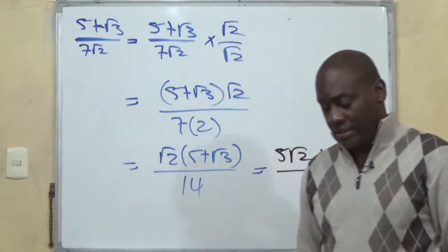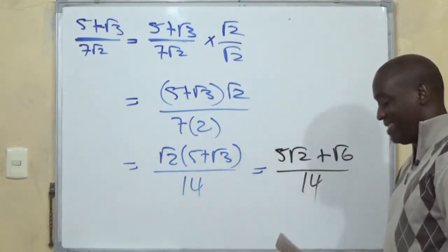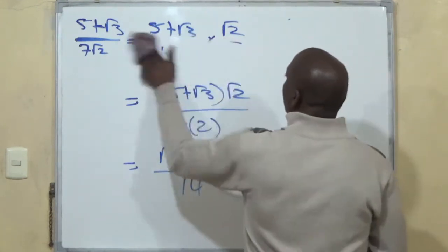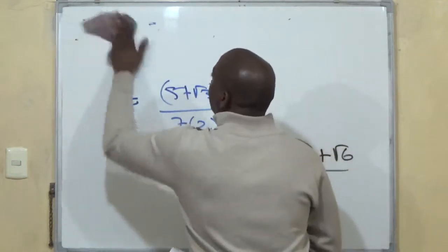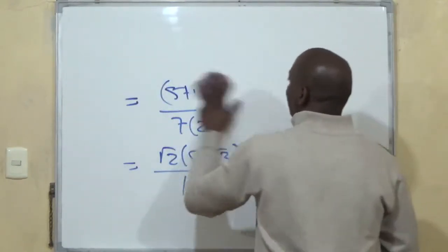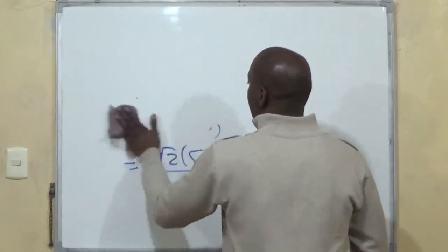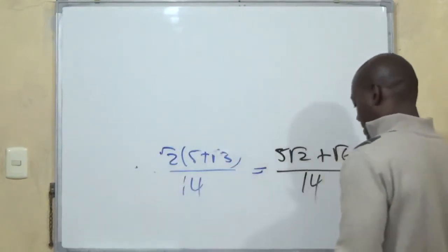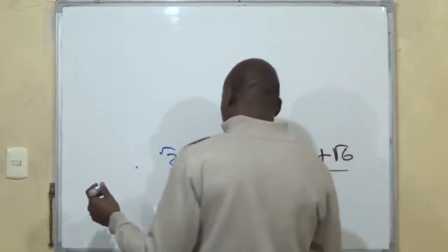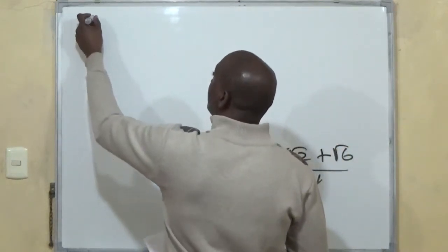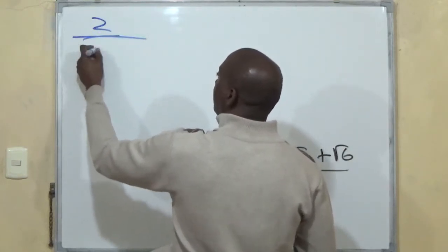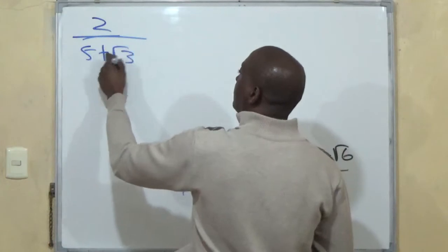So let us start by saying, for the sake of argument, that we have a new surd under consideration. This time, the surd we're dealing with is, watch it carefully now, 2 over 5 plus root 3.